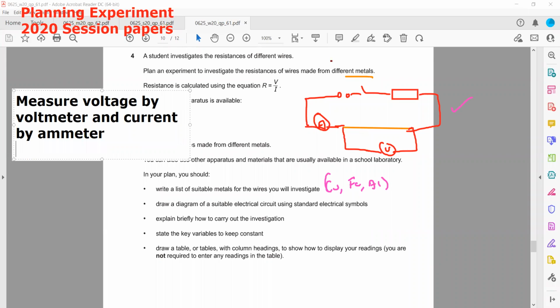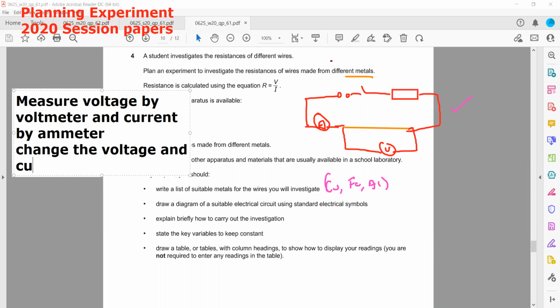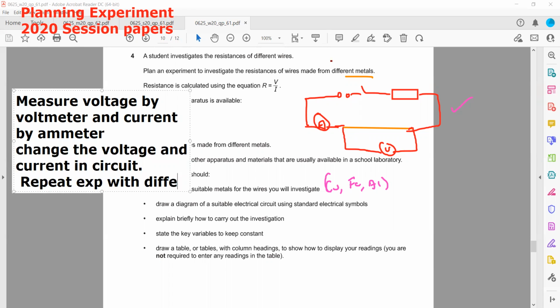And then we will change the voltage and current in the circuit. Then at the last, we will repeat the experiment with different metals, because we want to find how different metals have different resistance.